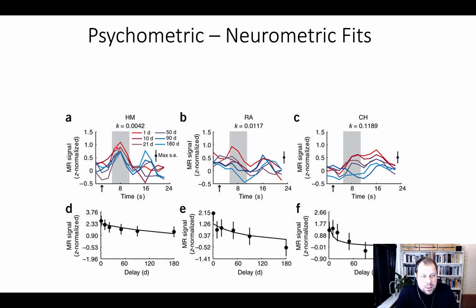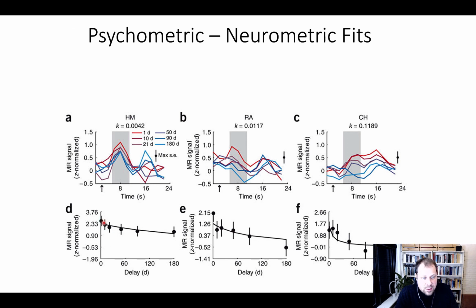So you can see that for different delays, there are different activation magnitudes in these regions. And they did this across all different subjects, which allowed them basically to plot the average activation in this gray period here, and then plot a sort of neurometric discounting function based on the activation within the regions that track the subjective value.